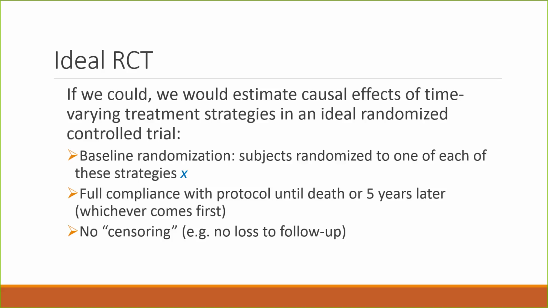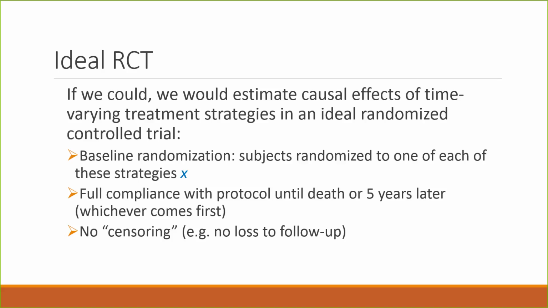Whatever arm these folks were originally randomized to, we would make sure that they are only starting treatment according to the rule that they were assigned to. So there would be full compliance of the protocol until death or the end of the 5-year follow-up.